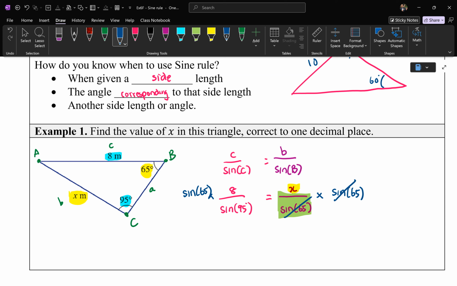Cancel these two out because they divide each other. It becomes 1. So that means x is equal to, on your calculator, sine of 65 times 8, and then you divide that by sine of 95. Make sure it's in degree mode. And that should tell you the side length for B.